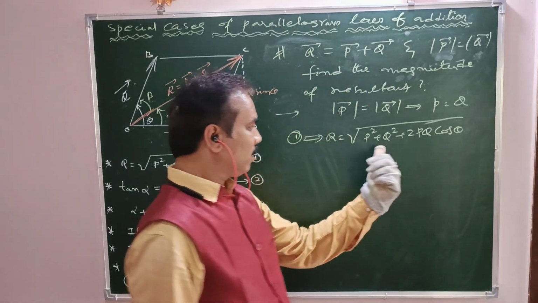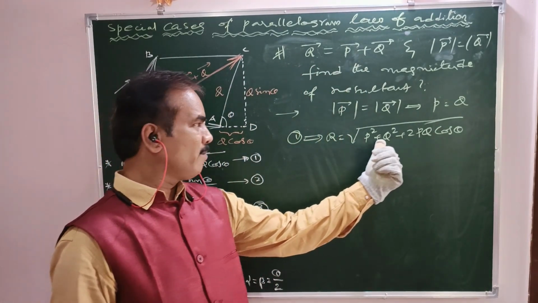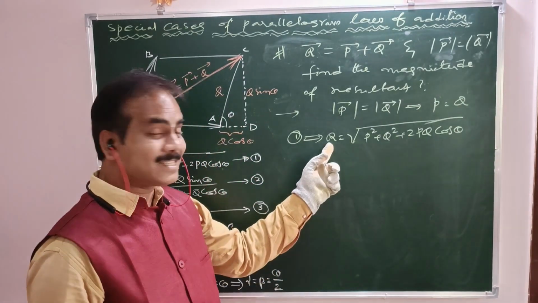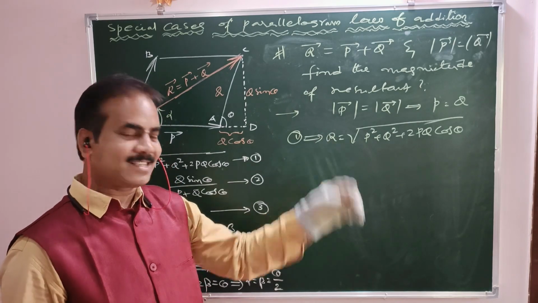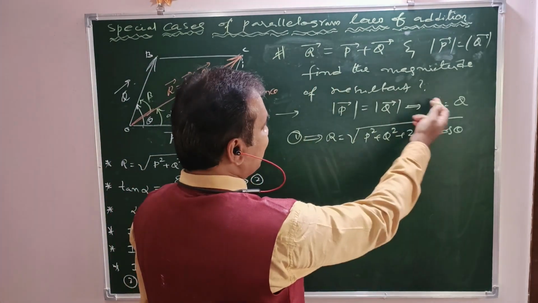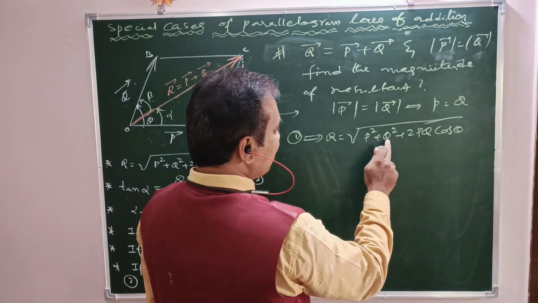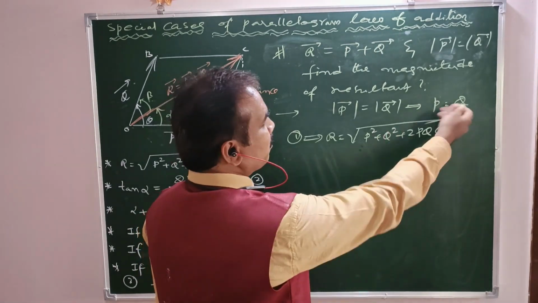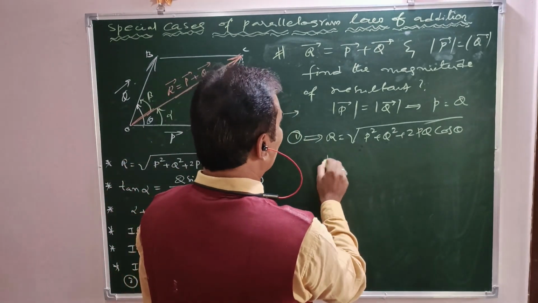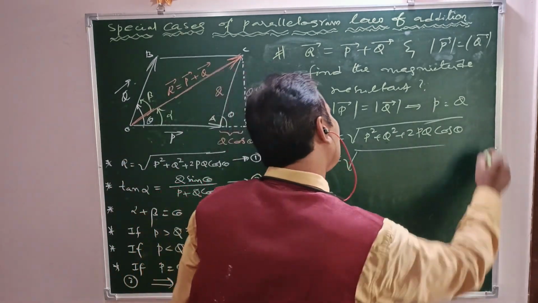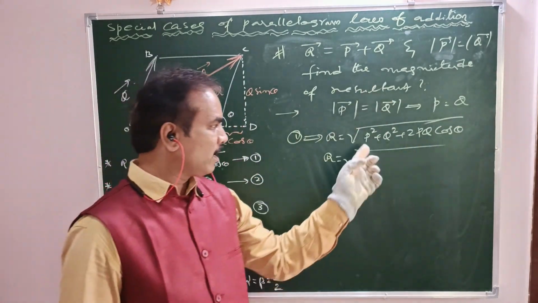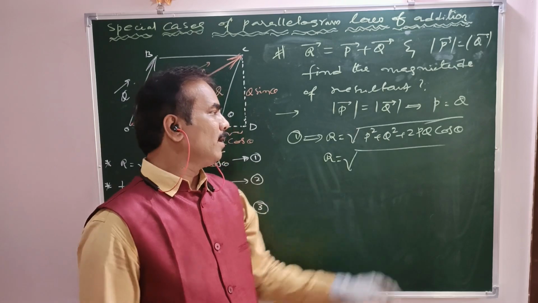In this expression, P means mod P bar, Q means mod Q bar, theta means the angle between the parent vectors, and R is the magnitude of the resultant, mod R. So here replace Q with P, because both P and Q are the same.